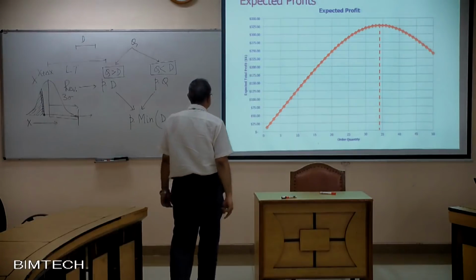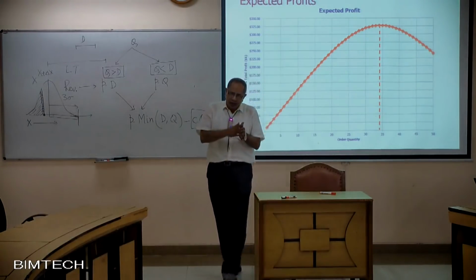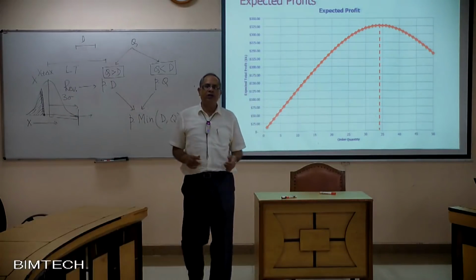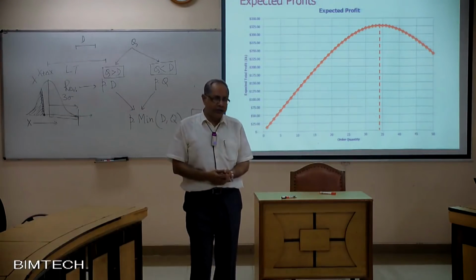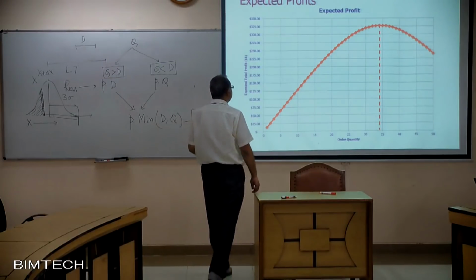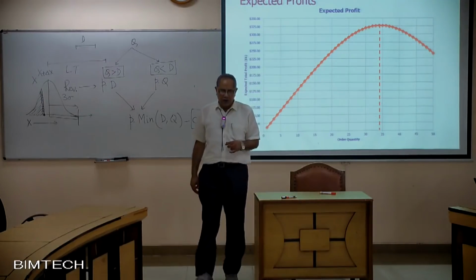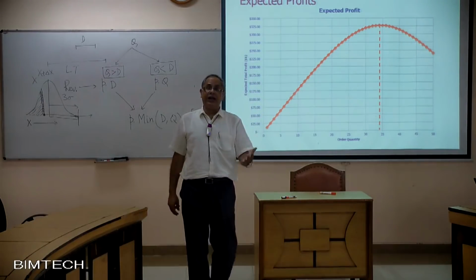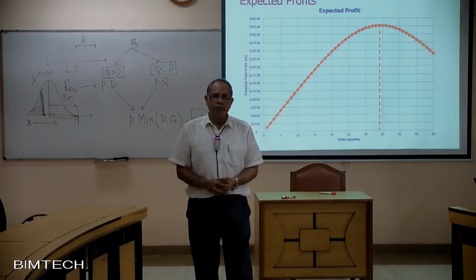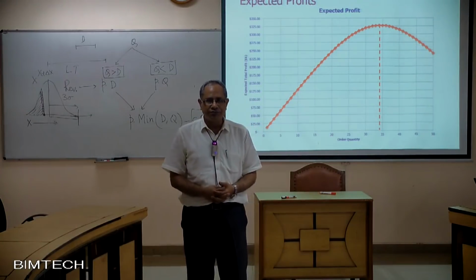So we have replicated that curve covering a much longer range of order quantities, okay? And this is the curve that we are going to use to understand our analytical approach, and this approach will be called the marginal analysis, okay?